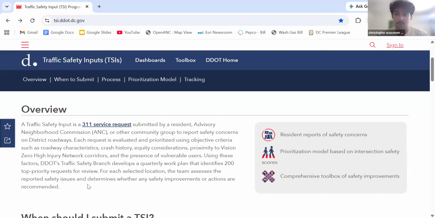We have a lot of requirements and criteria for vertical traffic calming based off of roadway classification, so whether it's a local road or an arterial road. It also matters whether there's a bus route on that road, and it depends if it's a speed bump or a speed table.